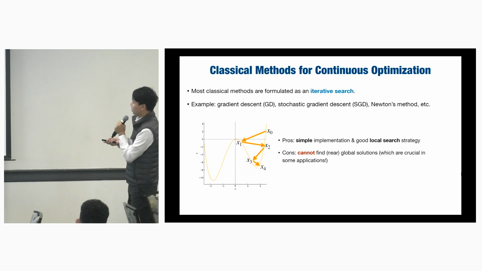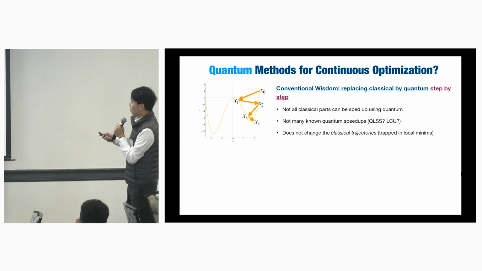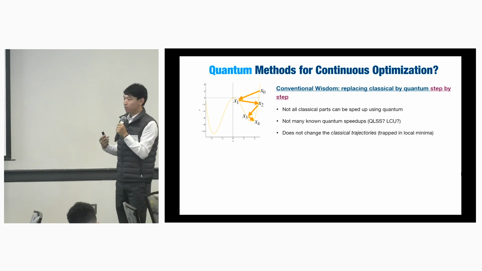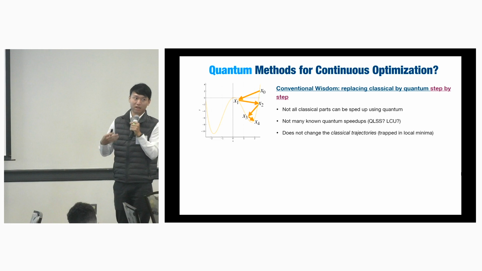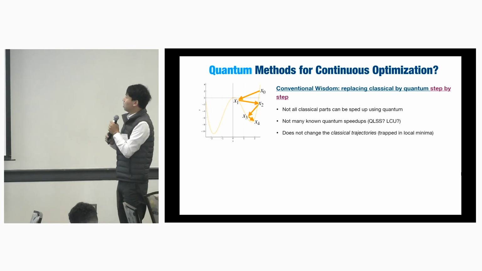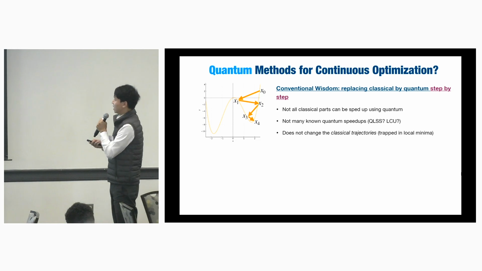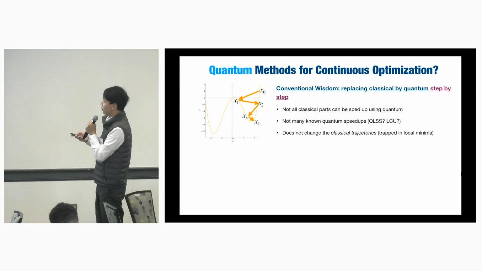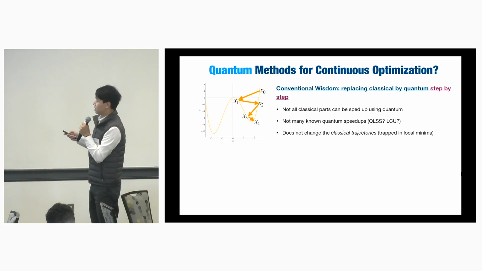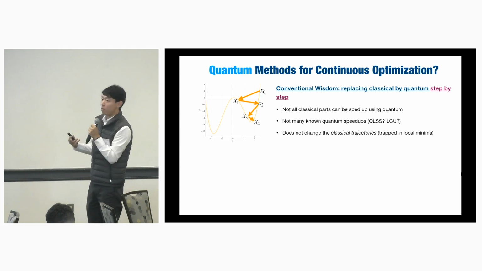So our question here now is, how can we actually make this whole idea quantum so we can leverage the power of quantum computers to accelerate or give us better solutions for this whole problem? The very standard idea, the so-called conventional wisdom here, is that we just replace some existing classical algorithm steps in those classical algorithms with quantum steps.